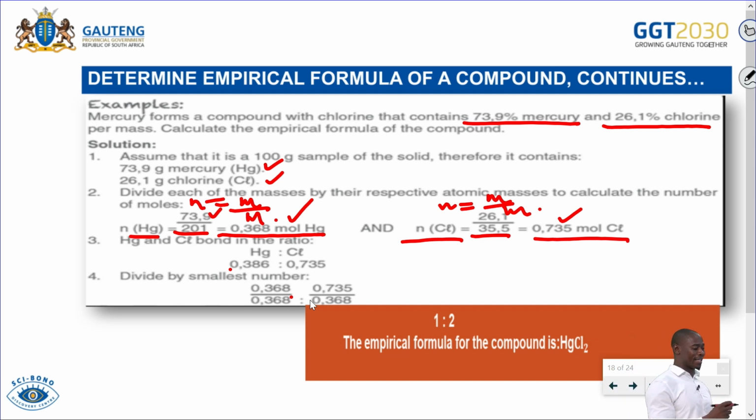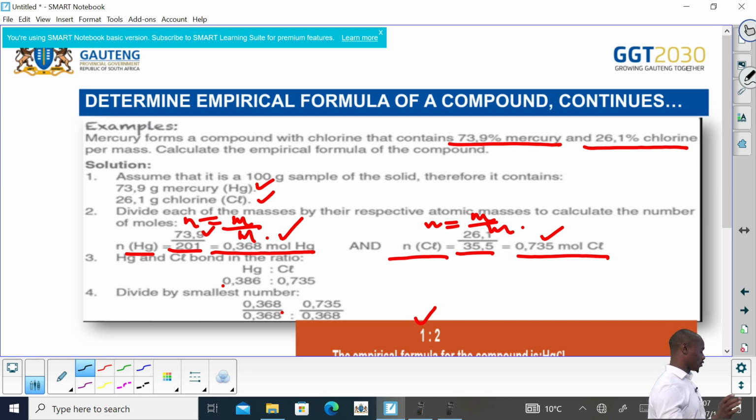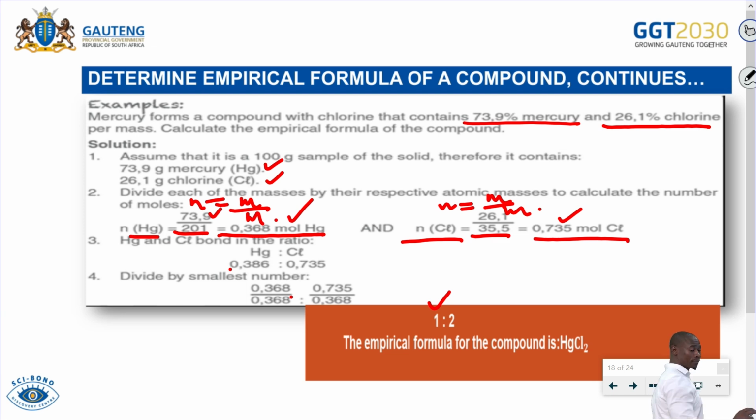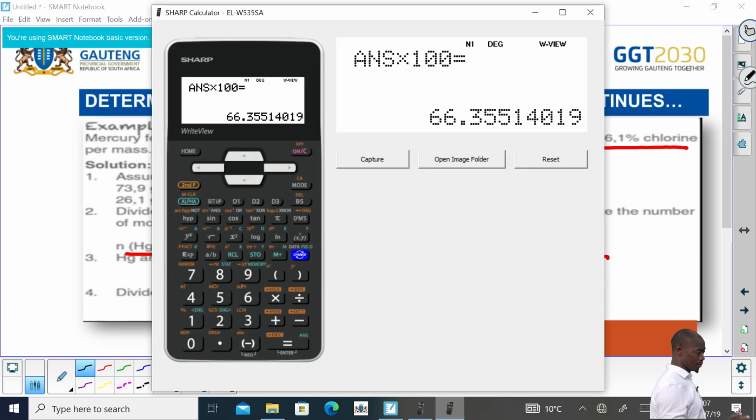So when you calculate here the ratio, 0.368 divided by 0.368, it should be what? 1, right? Let's check 0.735. We're expecting 2 there. Let's check if we are getting that 2 there. Okay, the calculator.